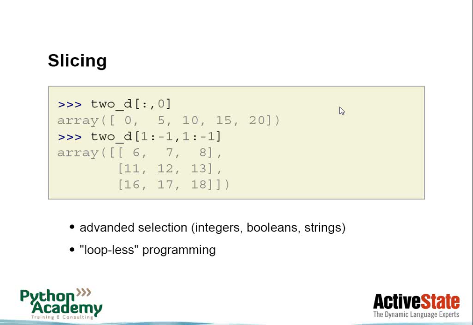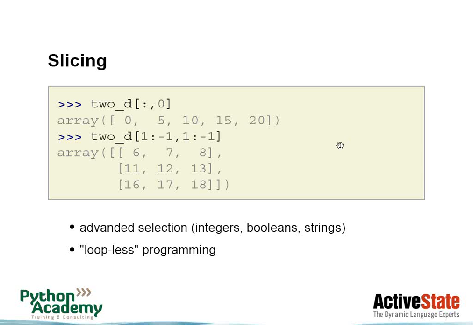And the next one means give me everything from the first dimension starting from 1 up to but excluding the last one, and the same thing for the second dimension. So 1 colon minus 1 and 1 colon minus 1 gives you the core of this 5 by 5 array. So you cut off the first and last row and the first and last column, and you only get the inner ones.